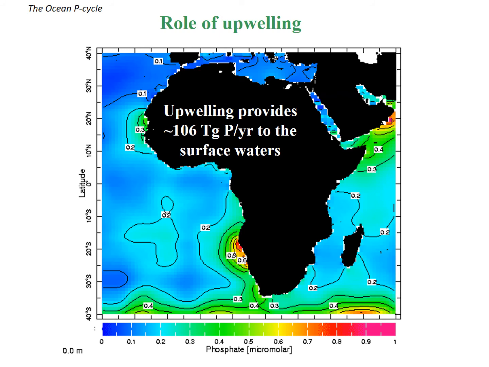In the regions where water is coming from the deep ocean to the surface, around Namibia, the coast of West Africa and the Arabian Peninsula, you have a lot of upwelling.